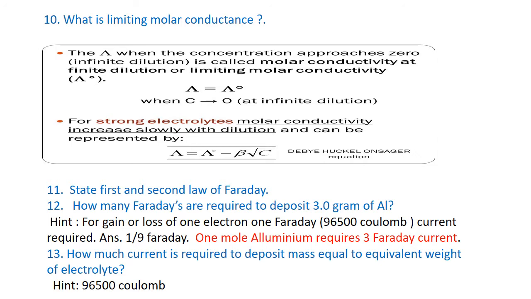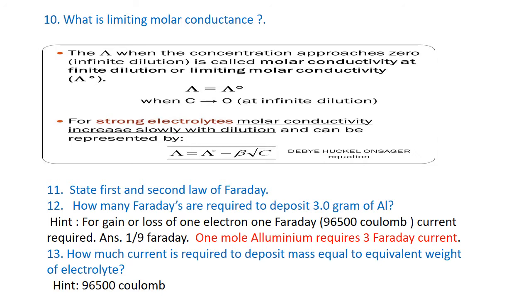And if 3 electrons are used, 3 Faraday of current is used. So in this example, aluminium is using 3 electrons. So the current will be 3 Faraday for 1 mole of aluminium, 27 grams of aluminium. So for 3 grams of aluminium, it will be 1/9.